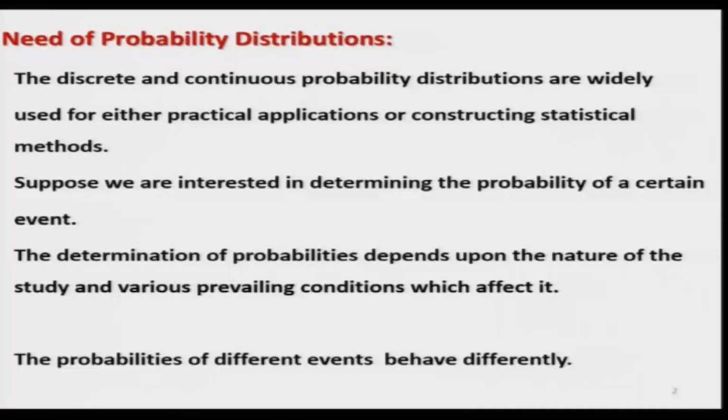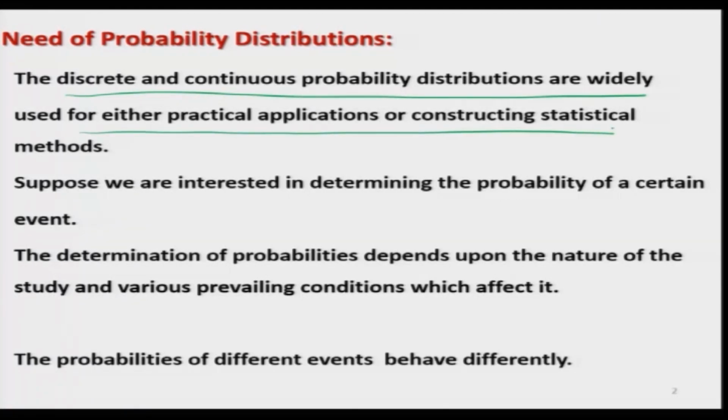Okay, the first question comes, why do we need the probability distributions? We know that the discrete and continuous probability distributions are widely used for either practical application or for constructing different types of statistical methods.